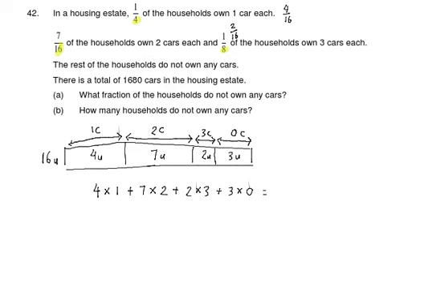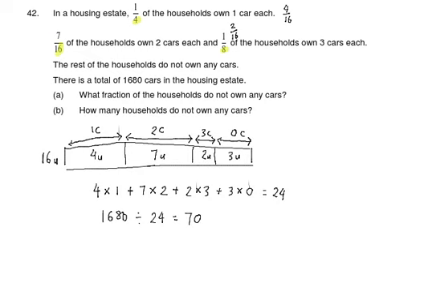How much do you get? 20? 24, right? Correct? So I have 1,680. I divide by 24. What do I get? 70.